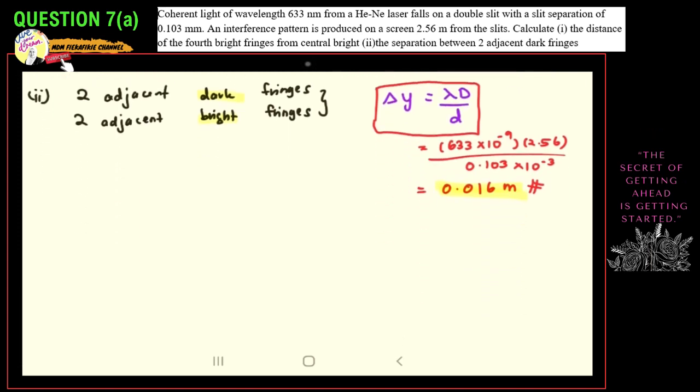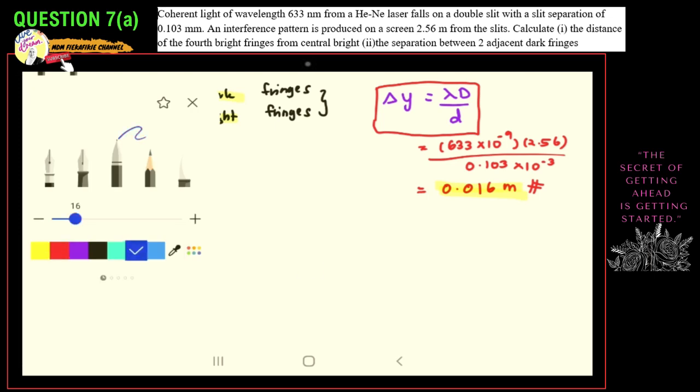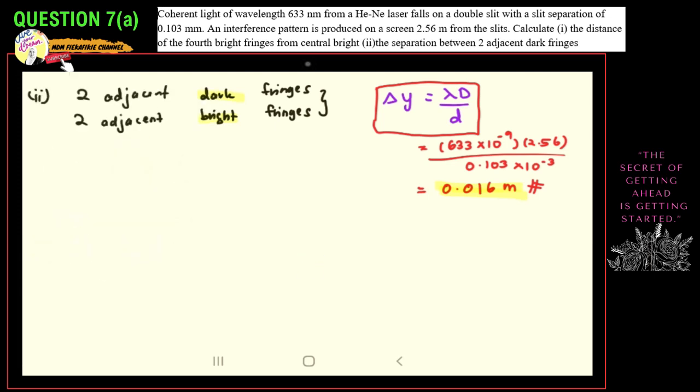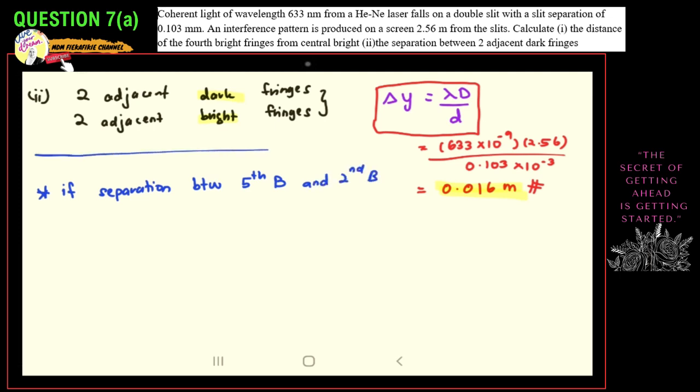Tapi sekiranya, now let's look at here. If the question asks you to find the separation between fifth bright and second bright, contoh saya buat contoh. Baca betul-betul soalan. Ni soalan lain.